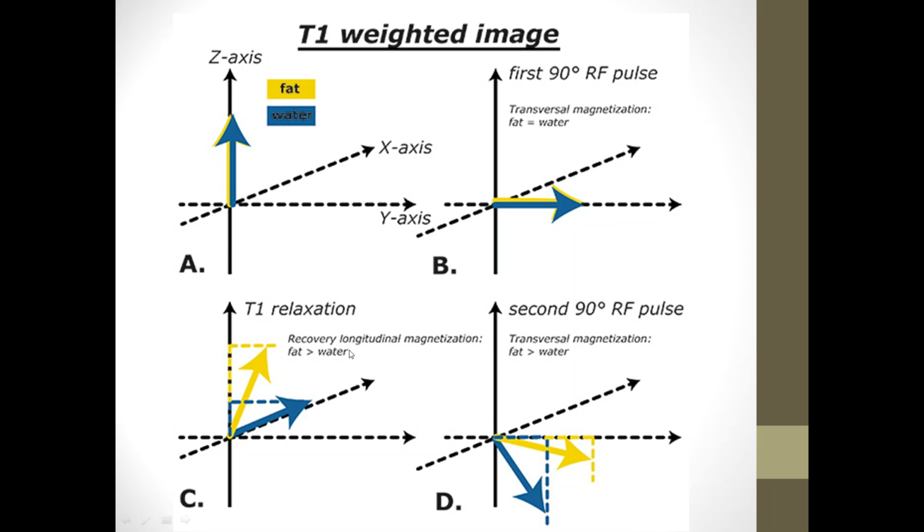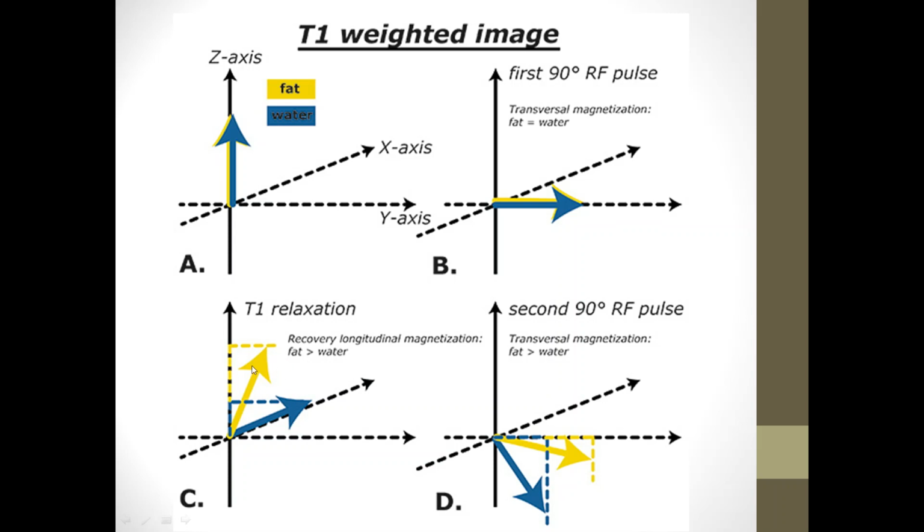If we record the signal coming out from fat or from water at this time, we'll find a difference in the signal, because the magnetization for fat is higher than that from water. The signal coming from higher magnetization will be a higher signal, and lower magnetization will be a low signal.